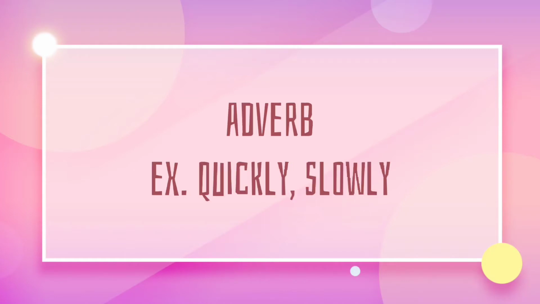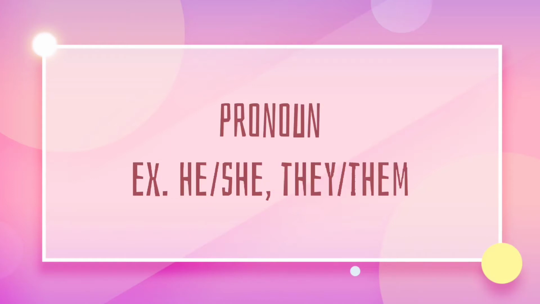Next is the adverbs. And just like the adjectives, adverbs goes with verbs. Next is the pronouns. It is similar to nouns, but it points to someone or something, like he, she, they, them.